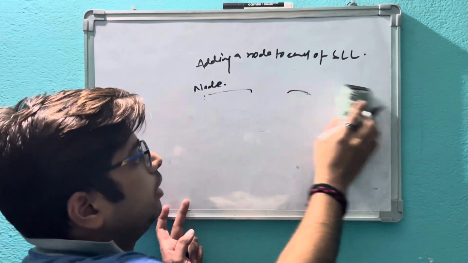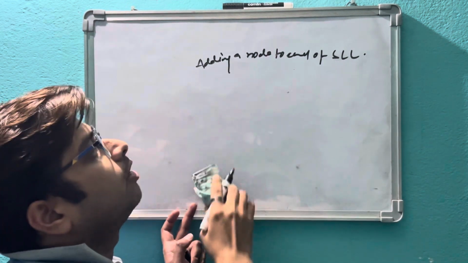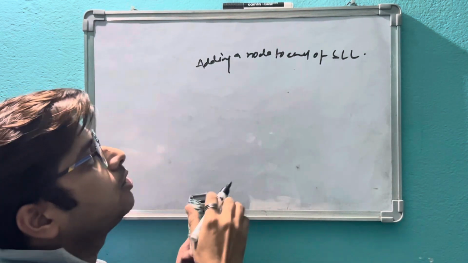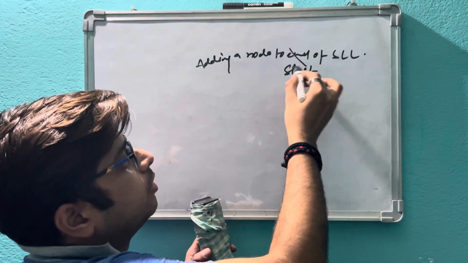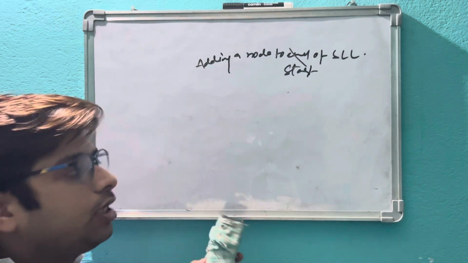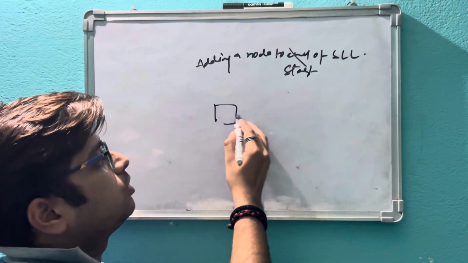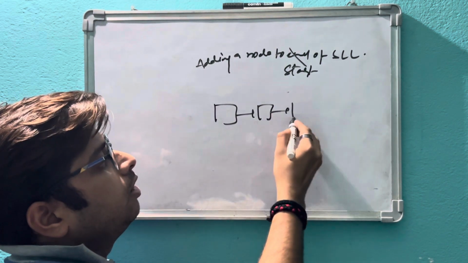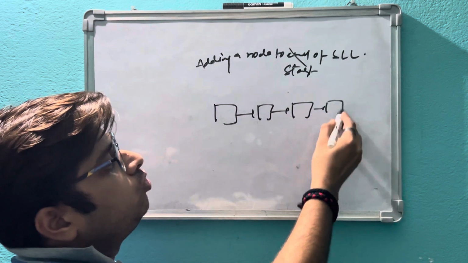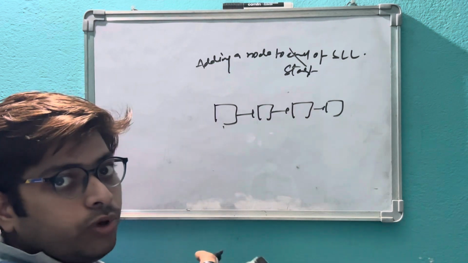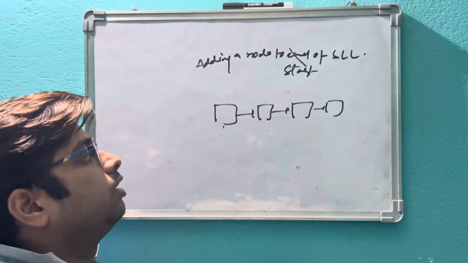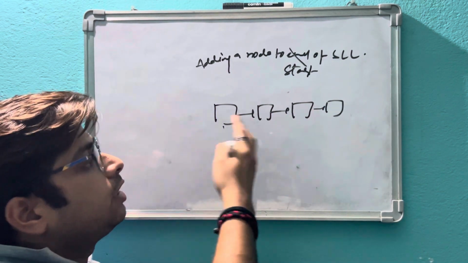And let's say I would like to add a node to the start of the linked list, so instead of the end, I would like to add at the start. If I already have a linked list and would like to add a node to the start of it, how would we identify where our linked list is starting?